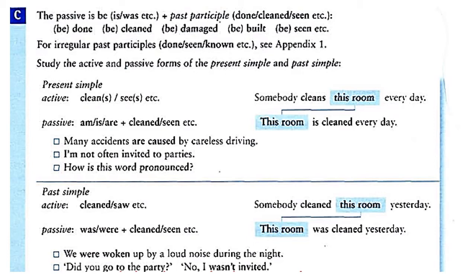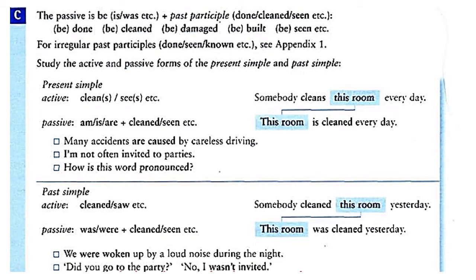Study the active and passive forms of the present simple and past simple. Present simple, active: clean, cleans, see, sees, etc. We have here, of course, am, is, are and cleaned.